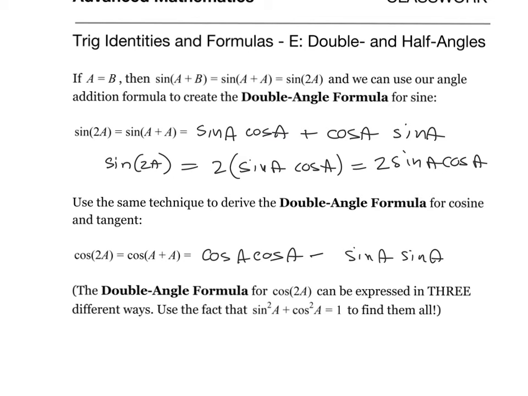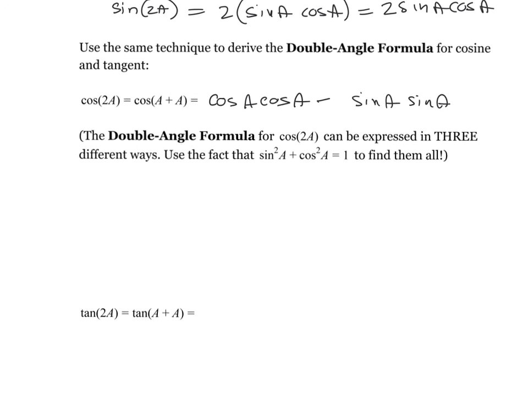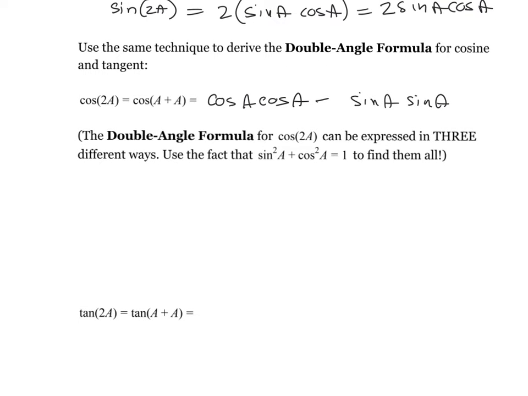Now, we have to think a little bit. This isn't going to simplify as nicely or as easily as the last example. Cosine of a is not the same as sine of a. It's not that closely related. However, we could say that that is cosine squared of a minus sine squared of a.